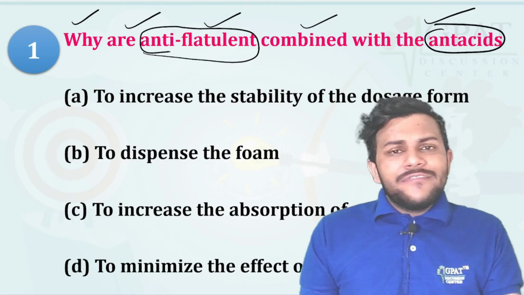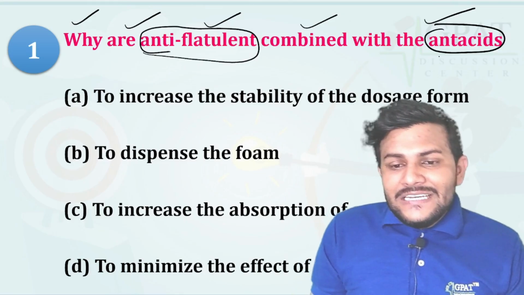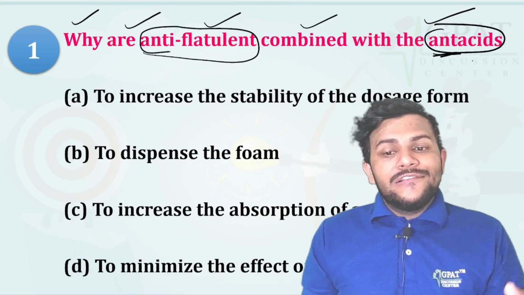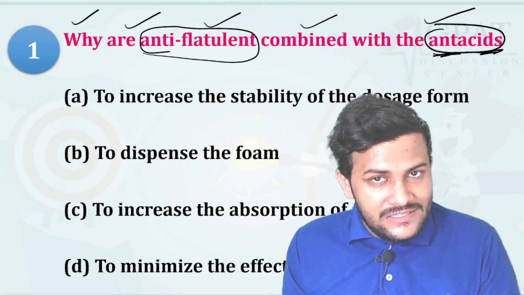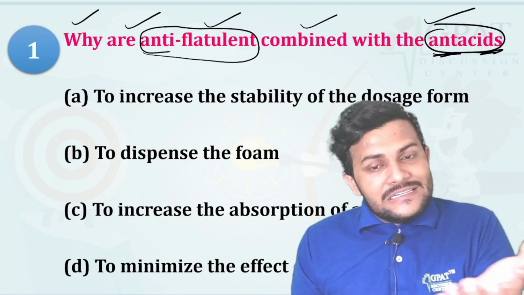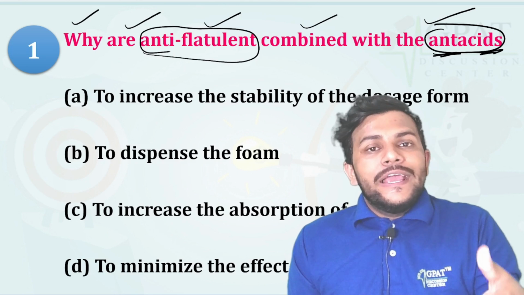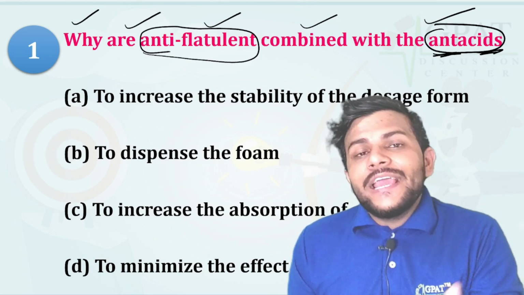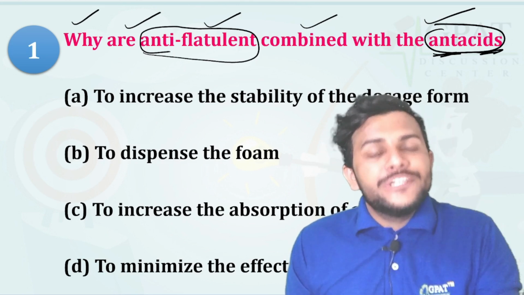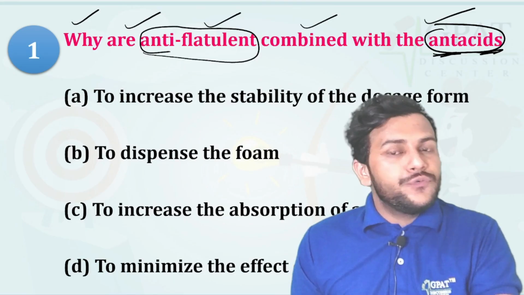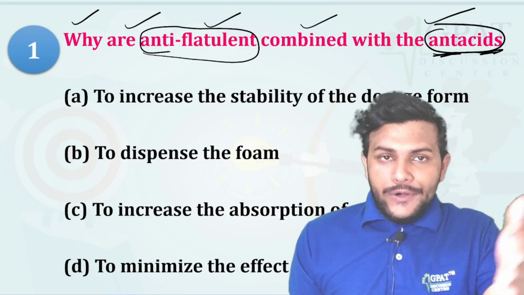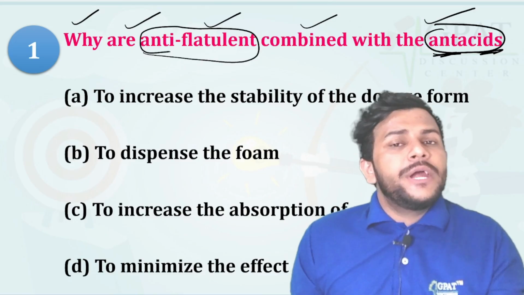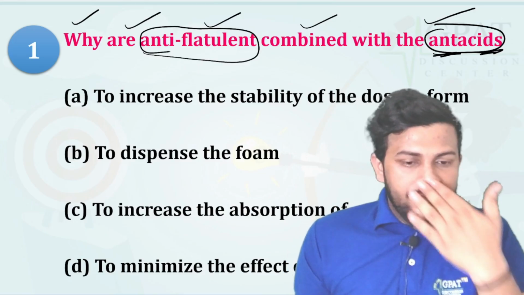So the question arises, what is an antacid? Antacid, as the name indicates, means against the acid. These are substances used to neutralize the acid in the stomach, and to increase the pH of the blood in case of acidosis. Acidosis means the pH of the blood goes down from 7.38 to 7.1 or 7.2, maybe for any reason.